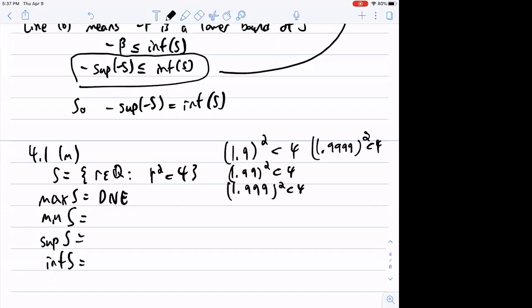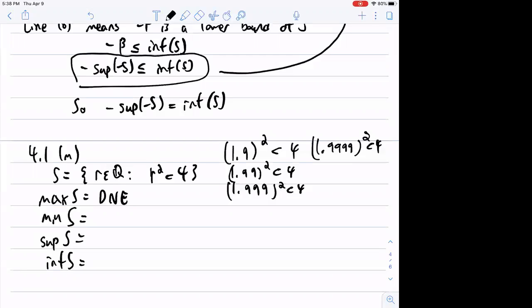Okay, so what about the minimum? When you square a number, can it be negative? No. So the smallest r squared can be is 0, and do you attain 0 in this case?